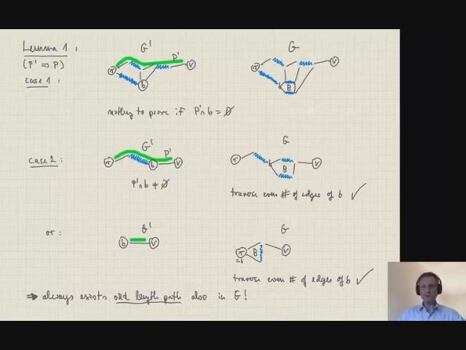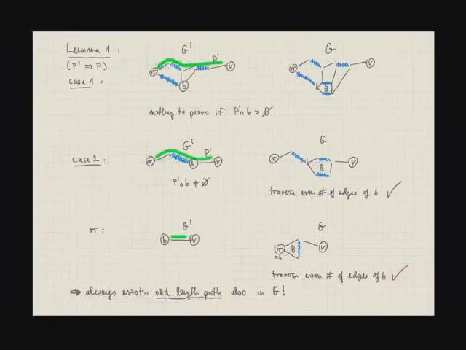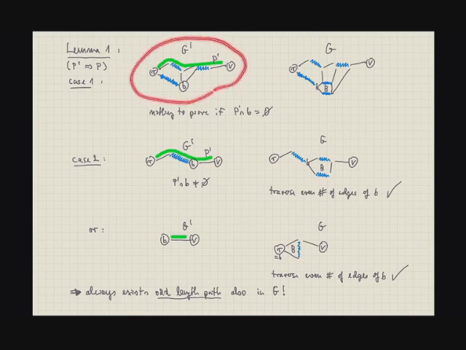Okay, so here is my proof by picture. Remember what we want to do. If we have an augmenting path P prime in the shrunk graph, then we also have an augmenting path P in the original graph. The first case is the trivial case where the augmenting path is not even incident with a blossom that I shrank.